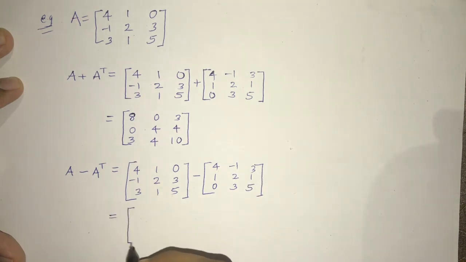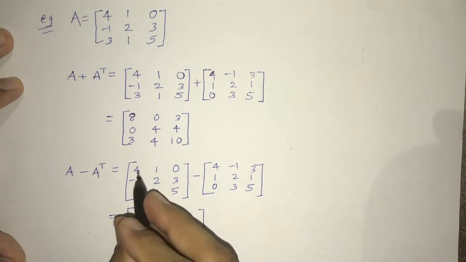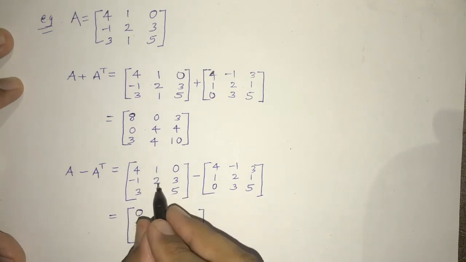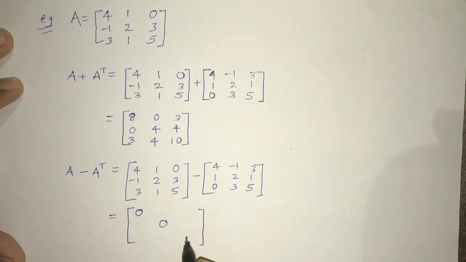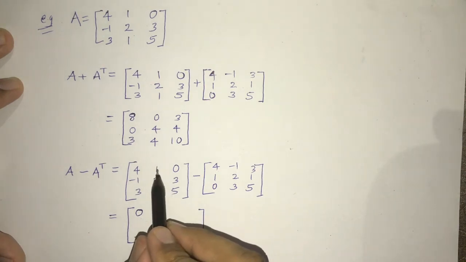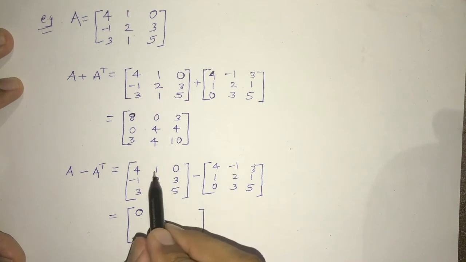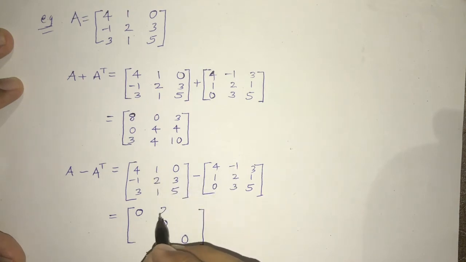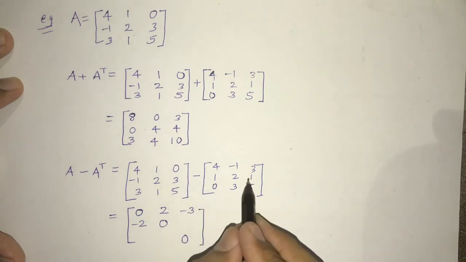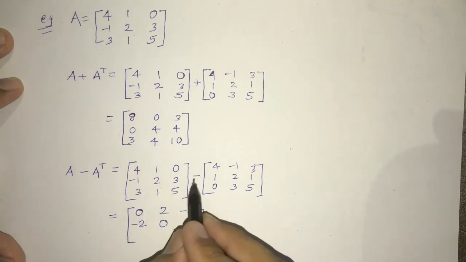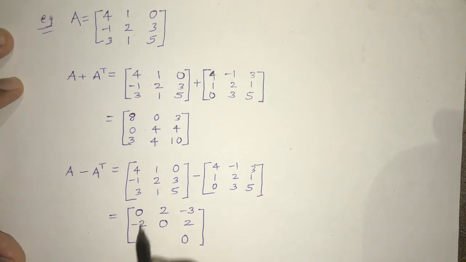So when we subtract, 4 minus 4, 0 becomes. Look, diagonal elements, 2 minus 2, 0, 5 minus 5, zero, diagonal elements directly become zero. Then we have 1 minus of minus 1 becomes plus 1, 1 plus 1 becomes 2, 0 minus 3 is minus 3, minus 1 minus 1 is minus 2, 3 minus 1 we are going to get 2, 3 minus 0 we get 3, 1 minus 3 we get minus 2.